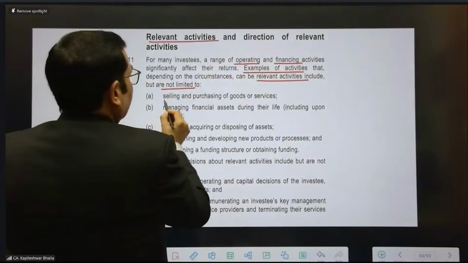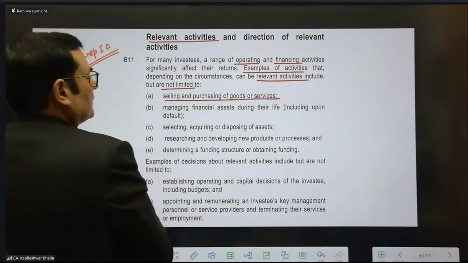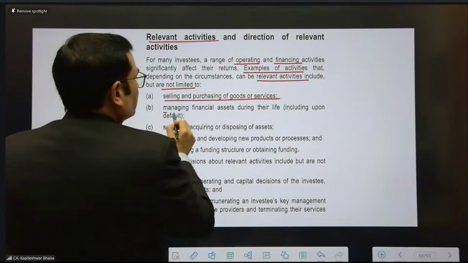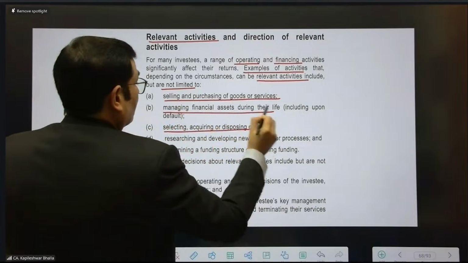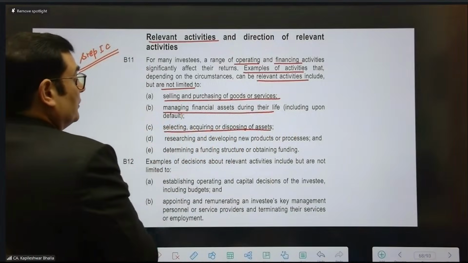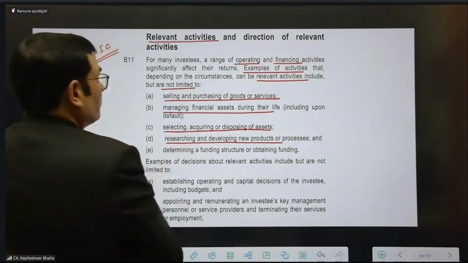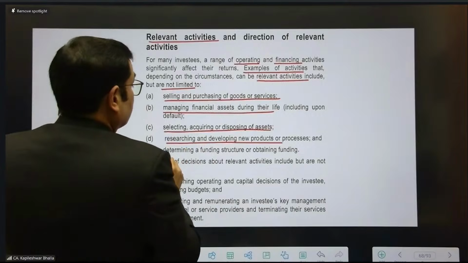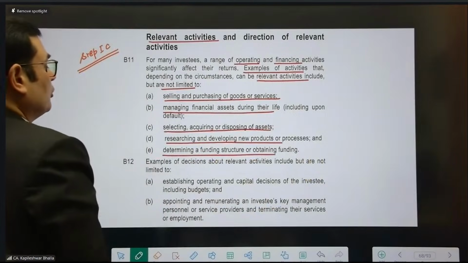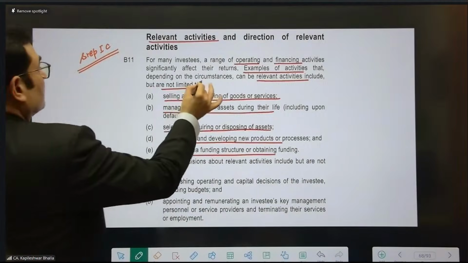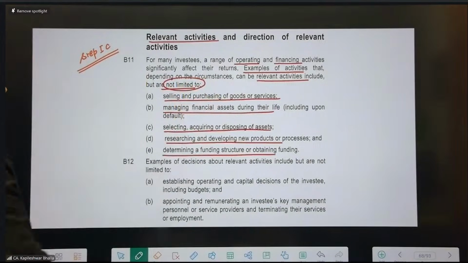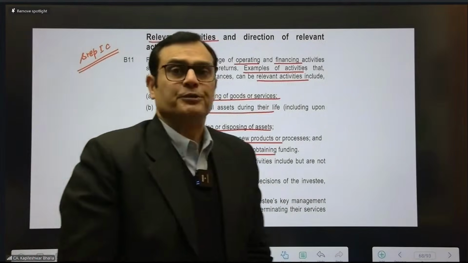It says selling and purchasing of goods or services, managing the financial assets, selecting, acquiring, or disposing of assets, researching and developing new products or processes, determining a funding structure, or obtaining funds. This is not an exhaustive list because it says not limited to, but it is illustrative in nature.